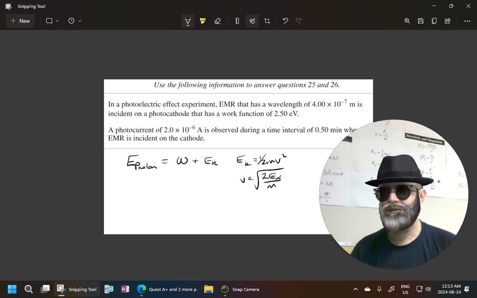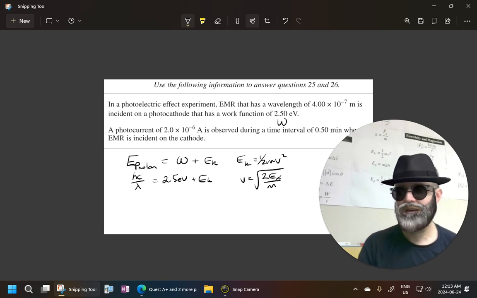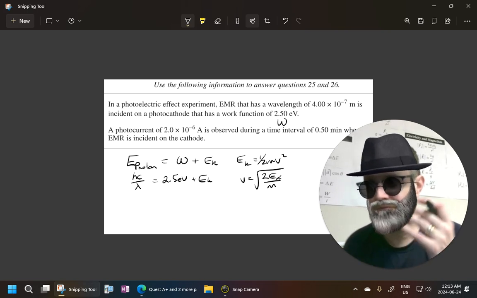All right, so they give us the work function. That's awesome. They give us the wavelength, so we can find the energy of this photon, and then I can use that to find the EK.